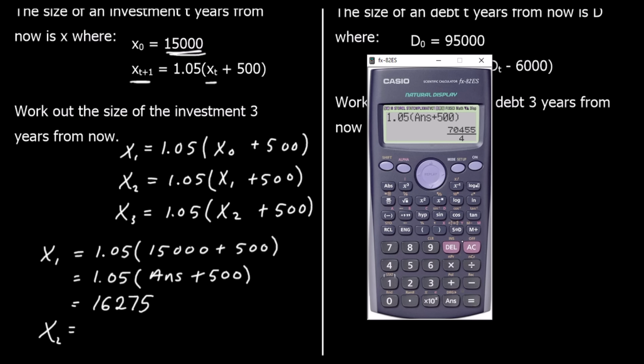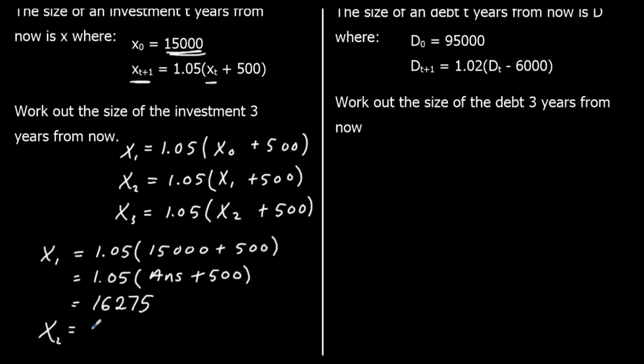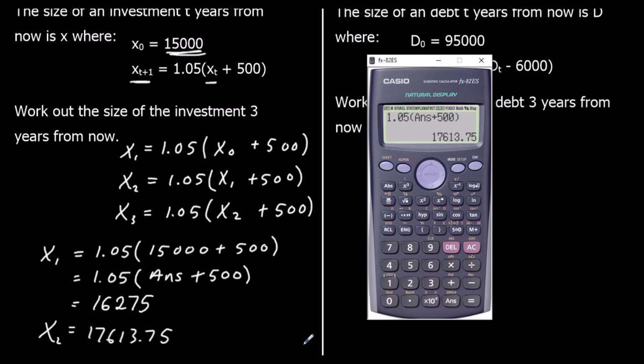So you just press equals again, and we've got 17,613.75. And for x3, we just press equals again. So we've got 19,019, probably pounds, and 44p.